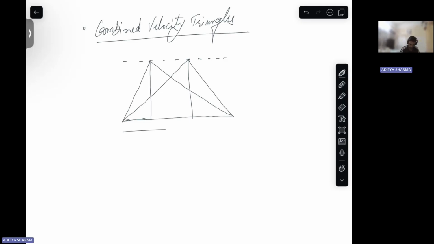Then this whole is your U1 or U2 or U. I'm writing it U only because it's same for your rotor and for your stator. Then this right side one is for your rotor and the left one is for your stator. Okay.